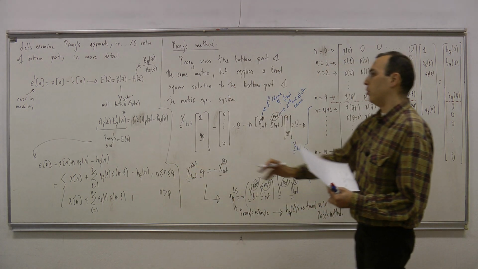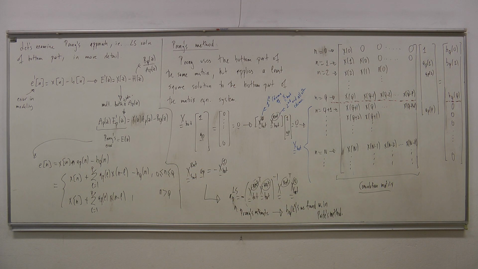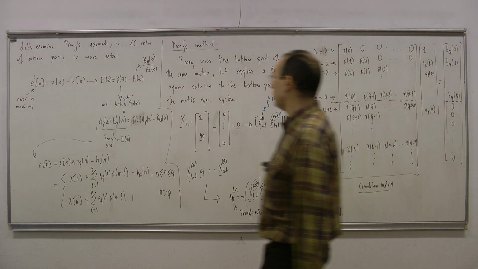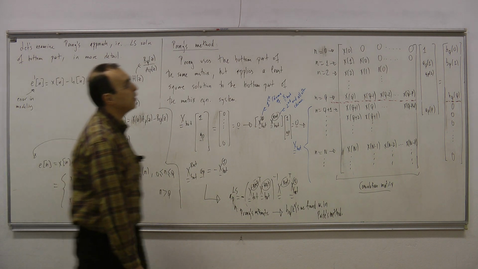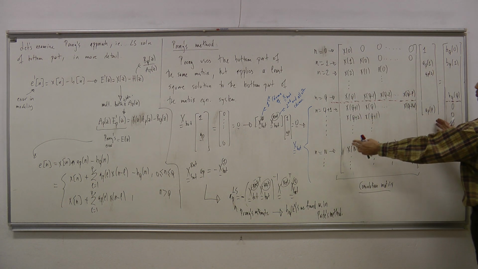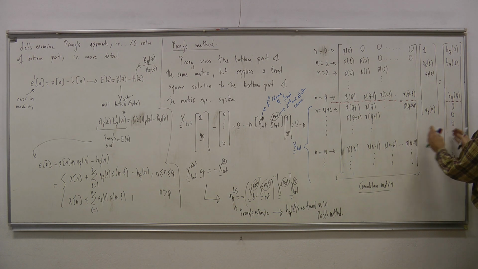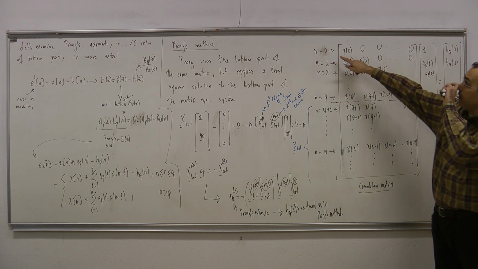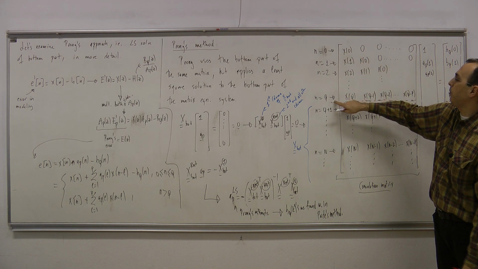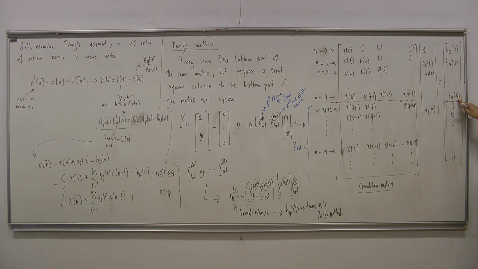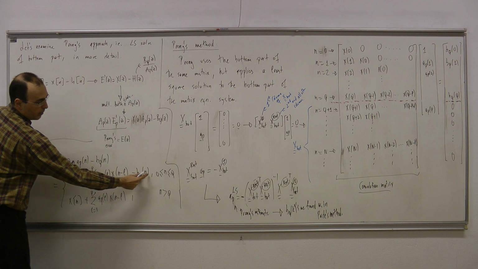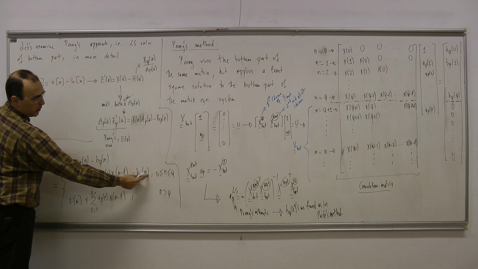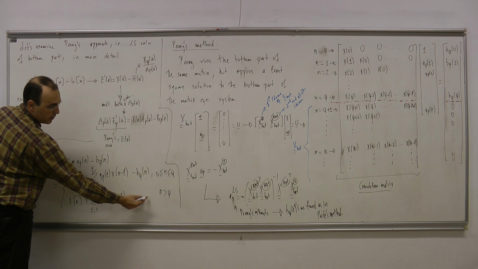Actually, there is nothing new over here. So let's explain. Error is what you have on the left side as a vector minus what you have on the right side as a vector. For n equal to 0 up to q, you have bq of n, because bq of q is still a non-zero quantity, but bq of q plus 1 is 0.